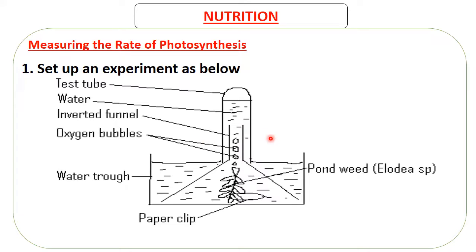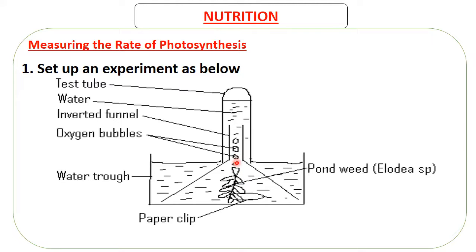So what we expect is, as photosynthesis is taking place, this plant is going to be releasing oxygen, since oxygen is a byproduct of photosynthesis. This oxygen is going to be in the form of these air bubbles, which of course will go up the water to this part here. So how do we measure the rate of photosynthesis?